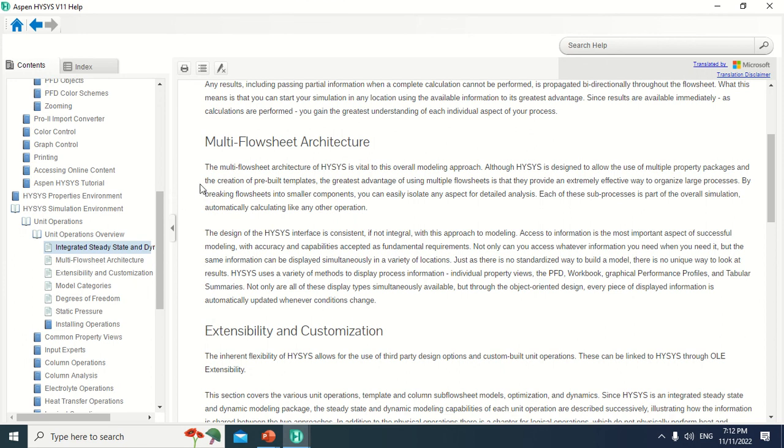For example, the multi-flowsheet architecture of HYSYS is vital to this overall modeling approach. Although HYSYS is designed to allow the use of multiple property packages and the creation of pre-built templates, the greatest advantage of using multiple flowsheets is that they provide an extremely effective way to organize large processes.